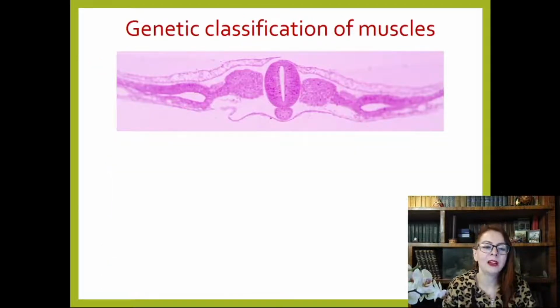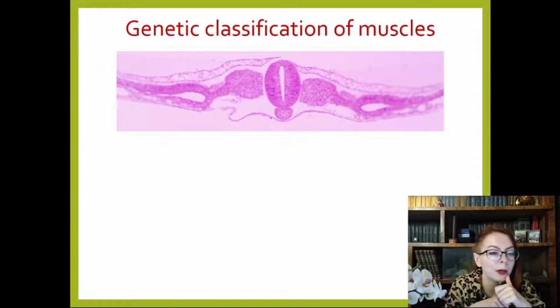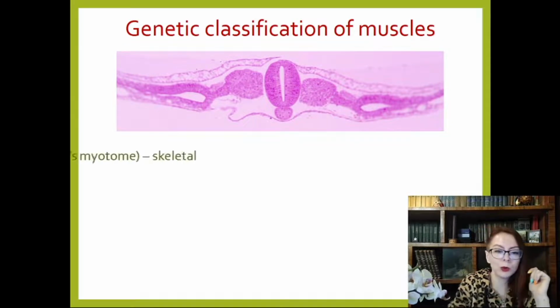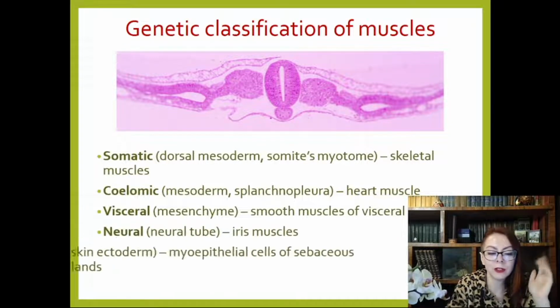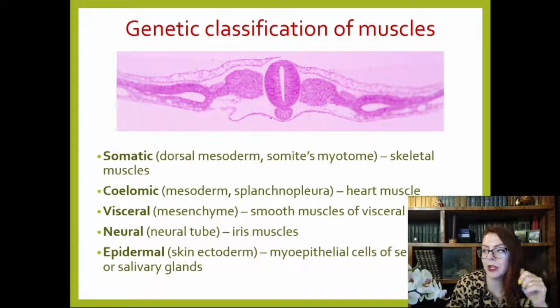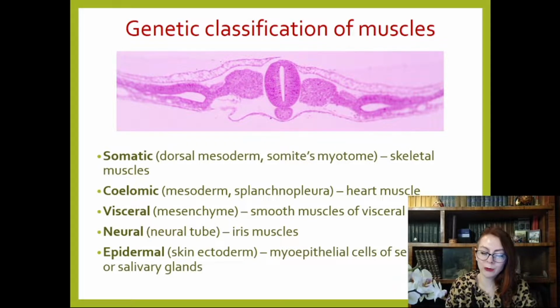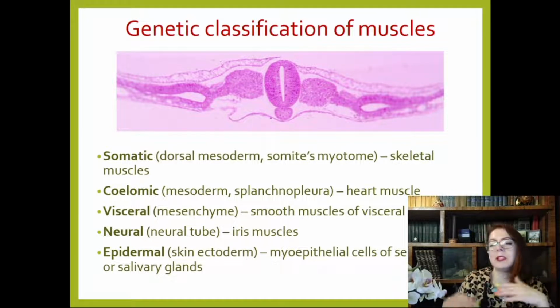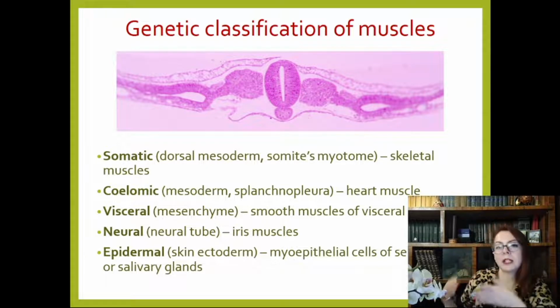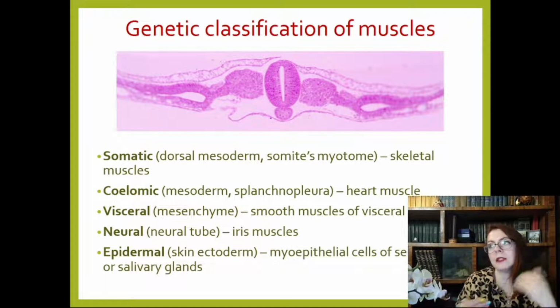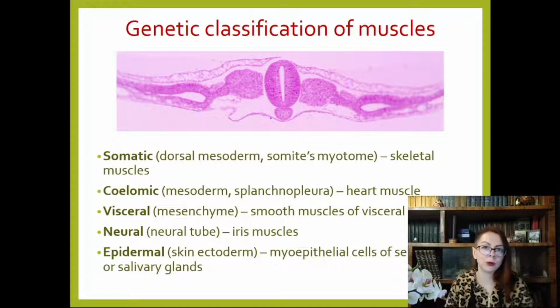Okay, the muscle tissue, genetic classification. Also, according to the embryonic development, muscle tissues are divided into some groups. To tell you the truth, I think there is no reason to remember those 5 types, because when we investigate every particular system of organs, we'll return to the embryonic development and investigate the sources of muscle tissues in every particular system of organs.